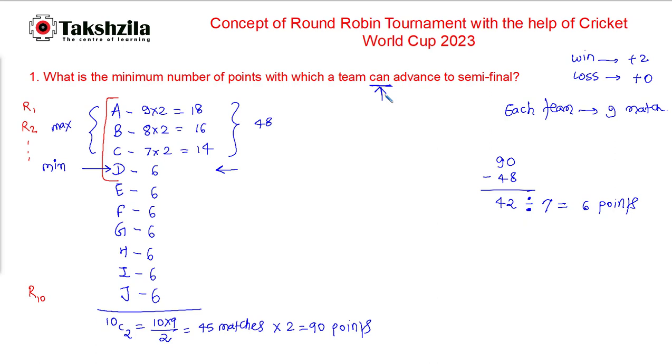It means a team which scored 6 points will get the 4th position over here. So there are chances of playing a semi-final even after scoring 6 points. It cannot be guaranteed, but yes, even after scoring 6 points, a team can play the semi-final. So the answer of this question is 6.